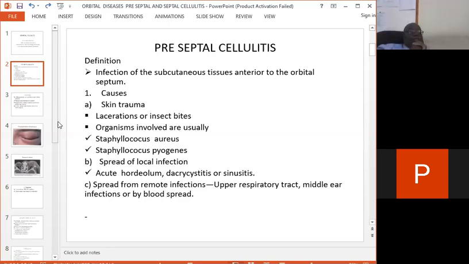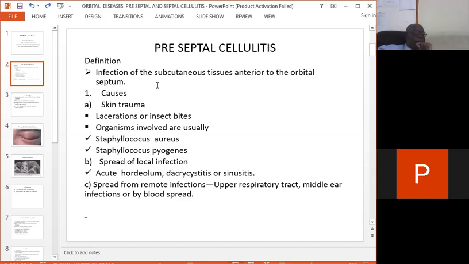So when you say preseptal, it means the inflammation or the infection is anterior to the septum. Infection of the subcutaneous tissues anterior to the orbital septum. Okay, this definition: preseptal means it's anterior to the orbital septum, that fibrous tissue.